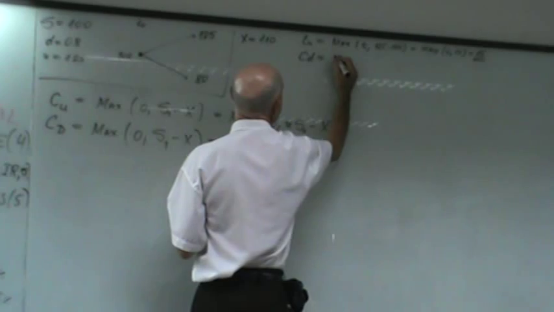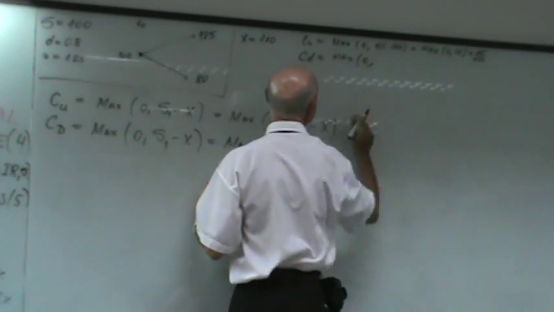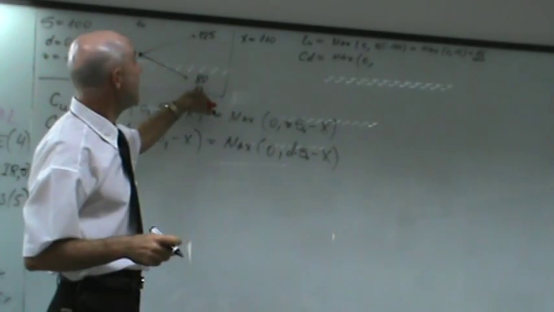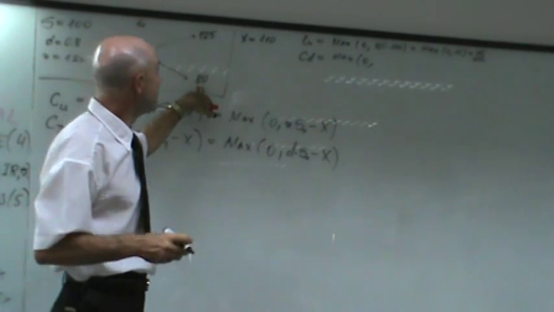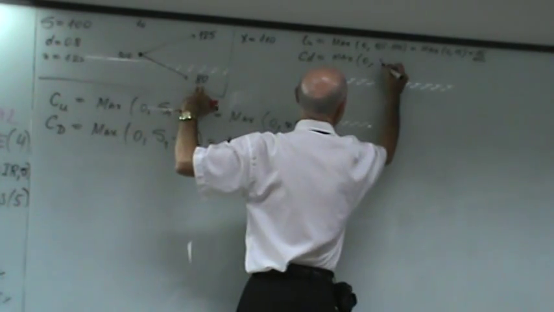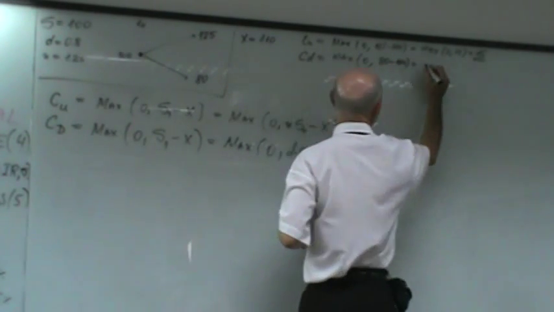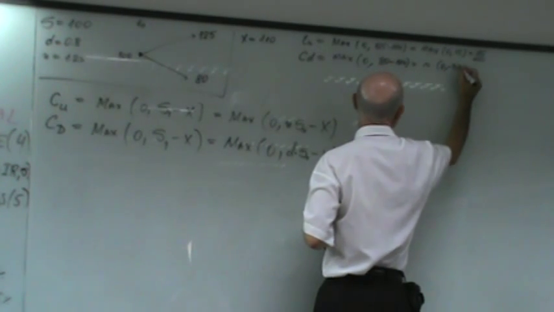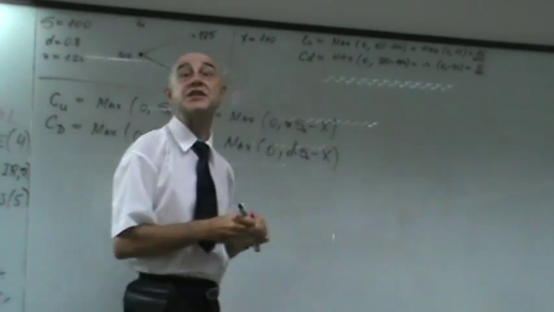On the downside, it is the maximum of 0 and a negative number: 80 minus 110, so it becomes the maximum of 0 and minus 30, which is 0.